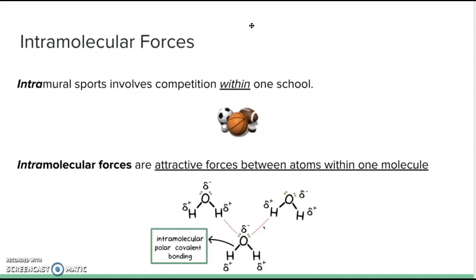You might have some here and there, but it's something that happens within one school. So if I have intramolecular forces, this prefix intra tells me that it's within one something. So intramolecular forces are forces between atoms within one molecule.